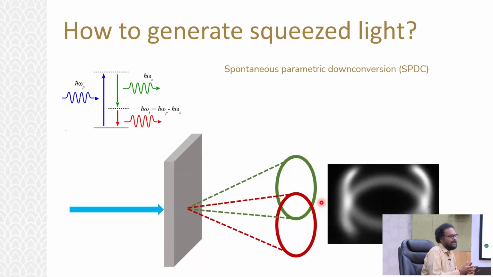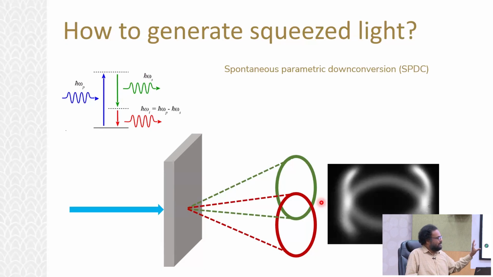When does squeezing happen? When does entanglement happen? The trick lies in the observation. What you're generating here is maximally entangled photons, but we'll define later what entanglement means. But it's fascinating to see that the same source can also be used as a squeezed state.